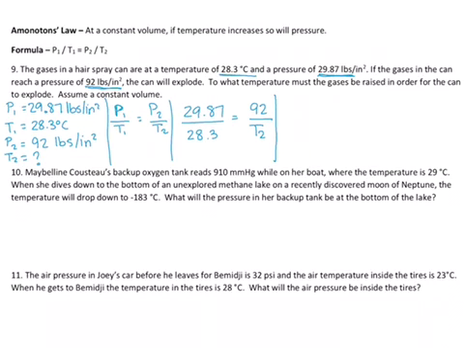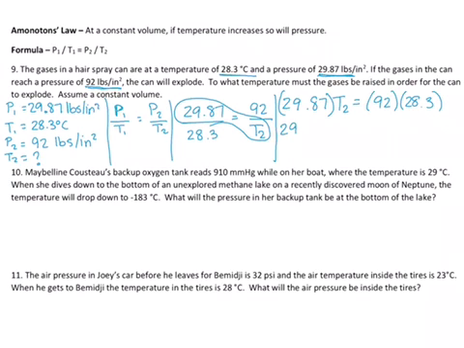Again, here's a time where we can do our cross multiplying. So 29.87 times T2 equals 92 times 28.3.